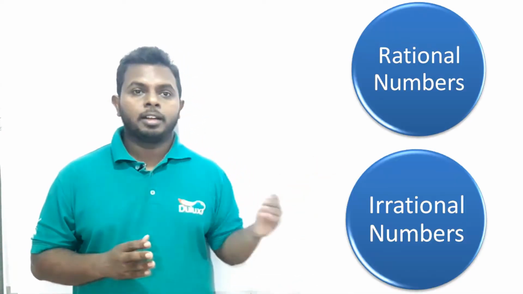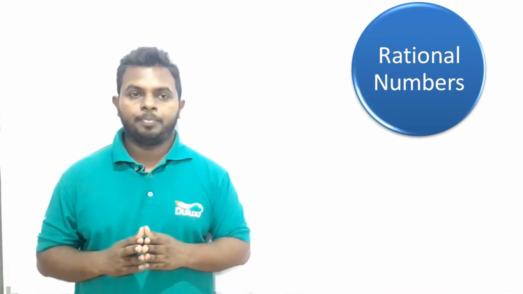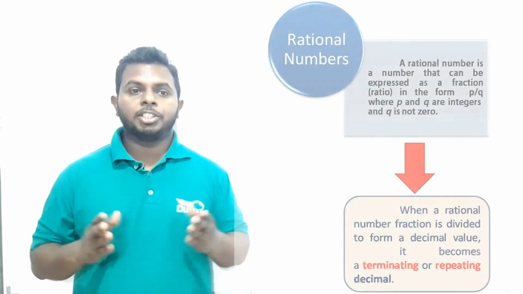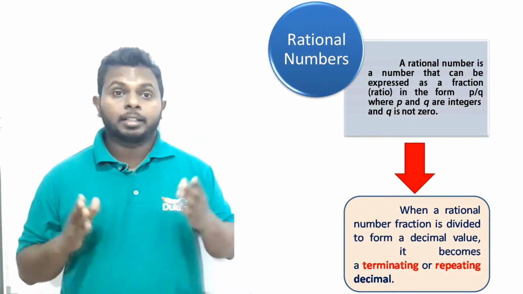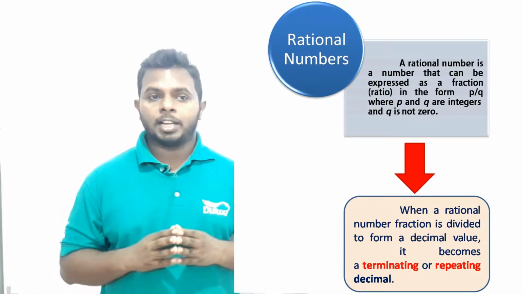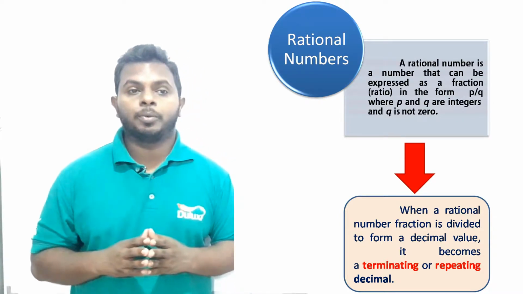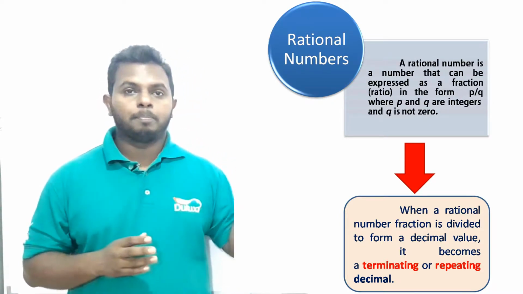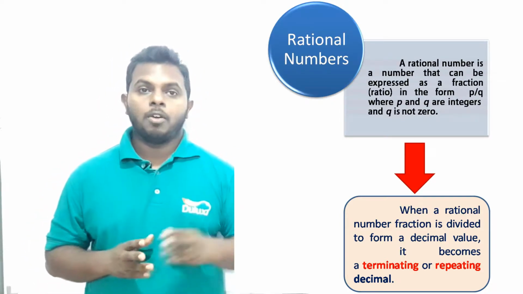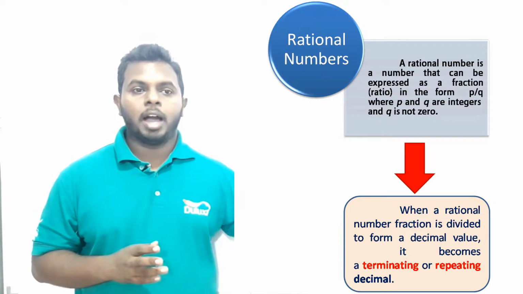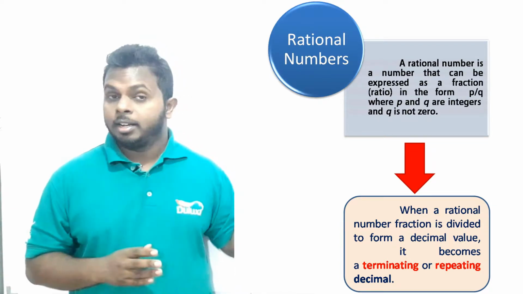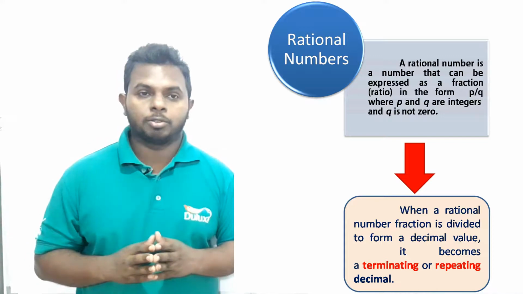Now let us find out the difference between rational numbers and irrational numbers. What is a rational number? A rational number is a number that can be expressed as a fraction or as a ratio in the form of p over q, where p and q are integers and q is not equal to 0.